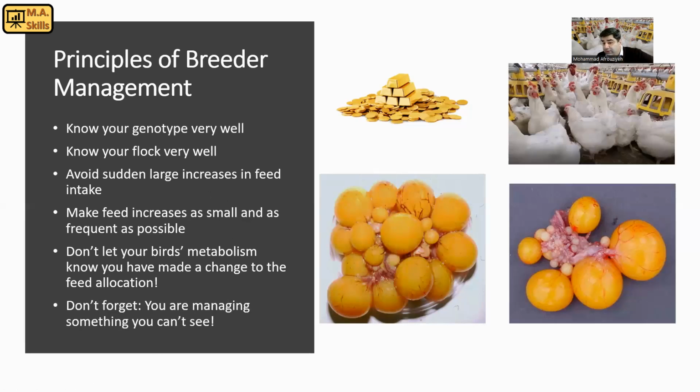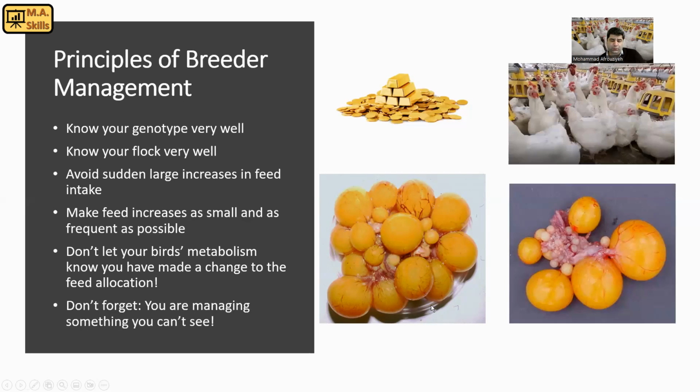On the other hand, you can have bad management of nutrition and management, and you would end up with an ovary like this. You can see it's full of large follicles.